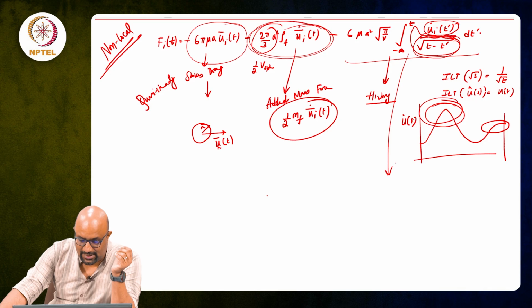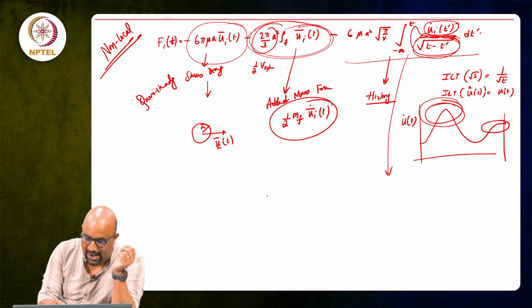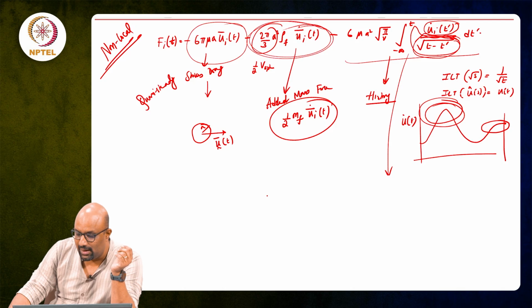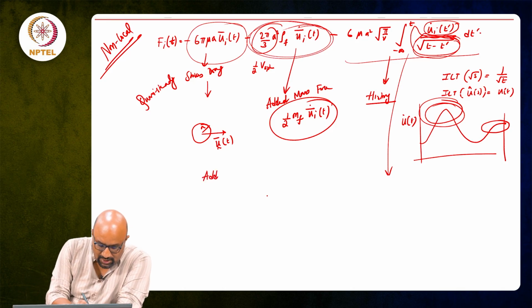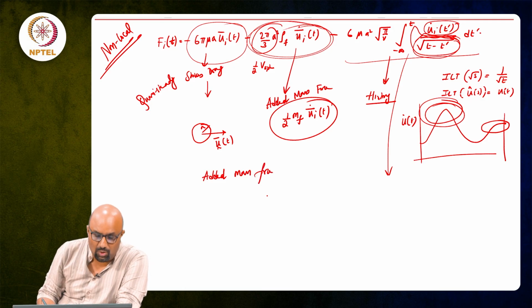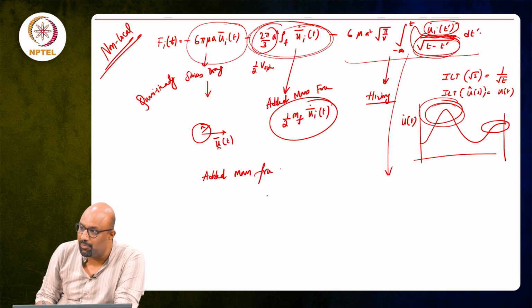Now, this exercise effectively gives us that if I look at the added mass force and I inspect the history force, the added mass force, as I was mentioning earlier, is what you also obtain when you solve the problem of potential flow. If you were to take the same spherical particle and make it move in an unsteady manner, you would encounter that same added mass force that this object is going to encounter.